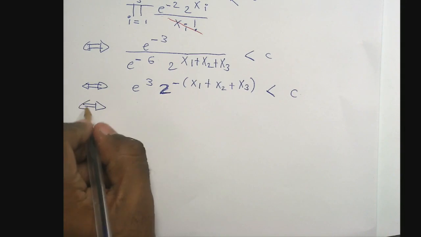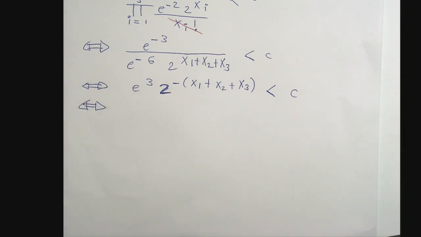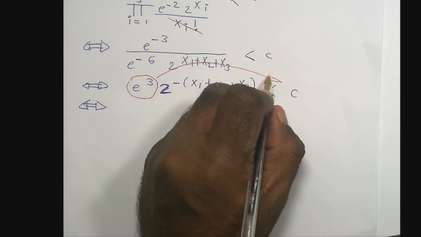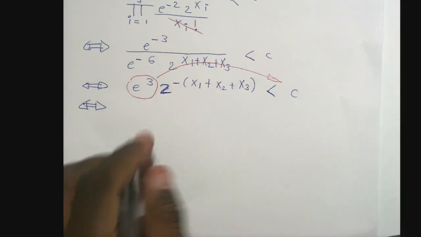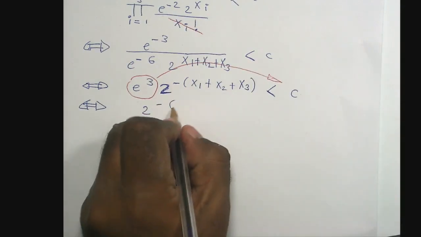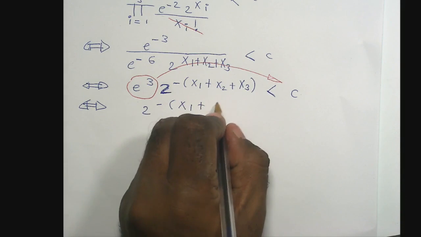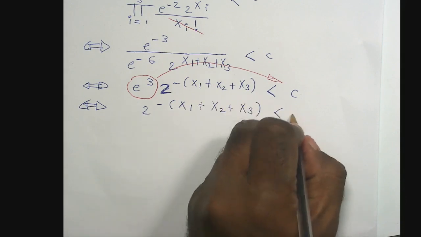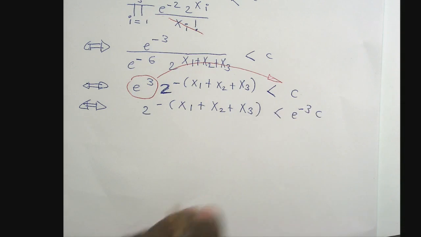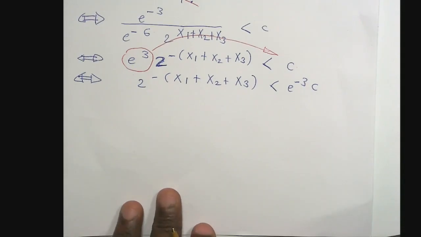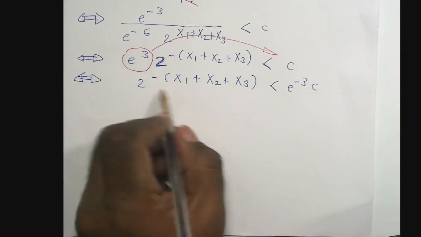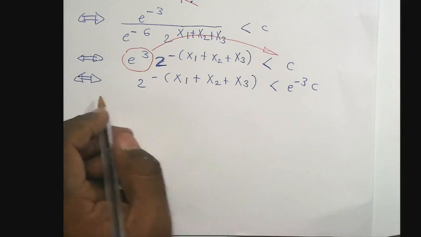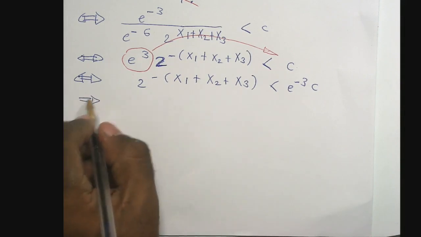Now taking this guy, let me take this guy here to the right hand side. So this becomes 2 power. Now in the next step I'm going to take the log of the left hand side and the log of the right hand side.